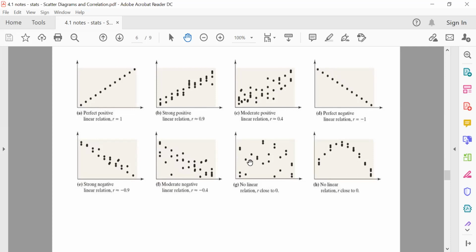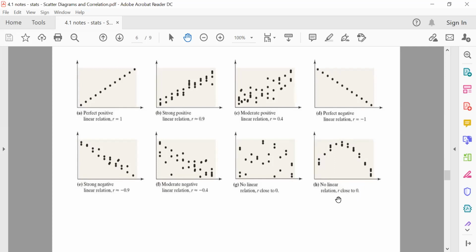Here is basically no relation at all. In fact, these just look like a true scatter plot where everything is scattered about seemingly at random. And that's going to have an R value very close to 0. This does seem to have a trend here. It looks like a quadratic, like a parabola. So there still seems to be a trend forming, but it's not a linear trend.